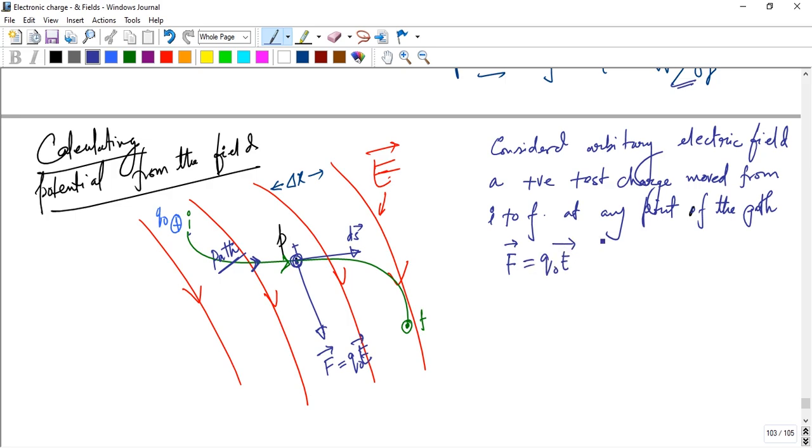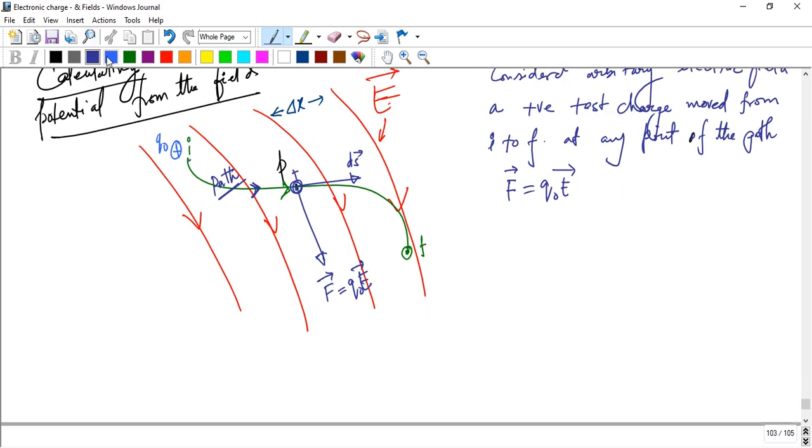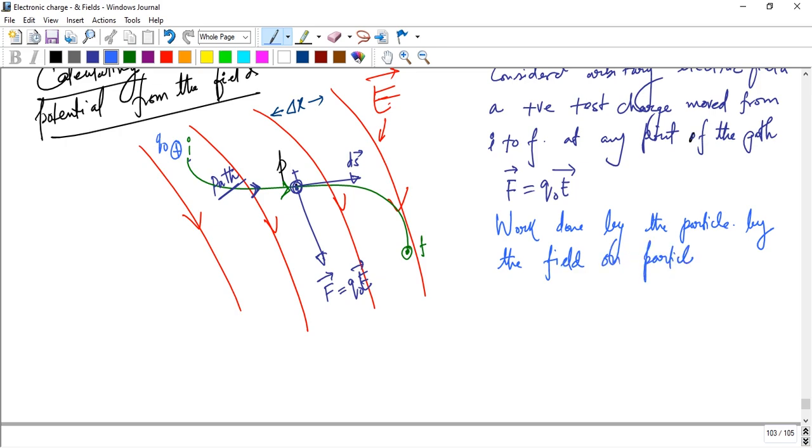So the work done, okay, work done by the field on the particle as it moves from I to F. So work done is very simple.